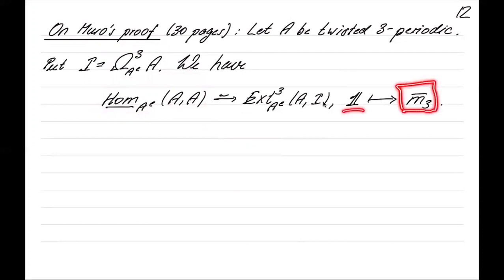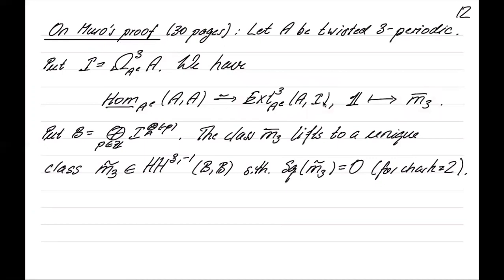That gives us a certain element, m3 bar, in this third extension group. Now we will interpret this element as an element of a suitable Hochschild cohomology group. Mainly we consider a Z-graded algebra B. If you like, it's a Z-graded version of the tensor algebra of this bimodule I.